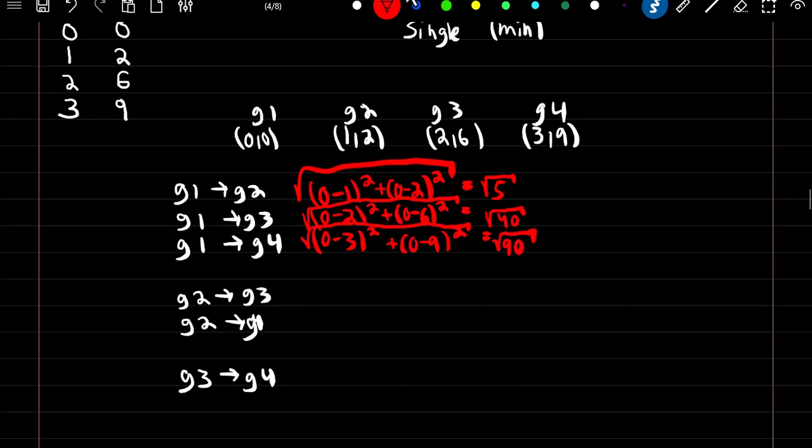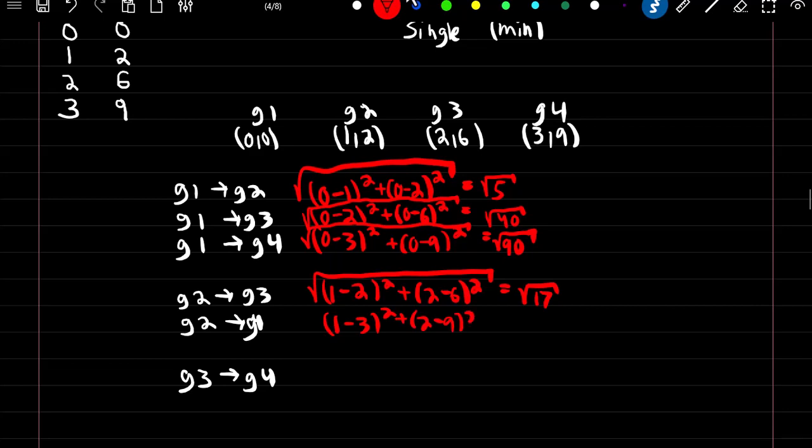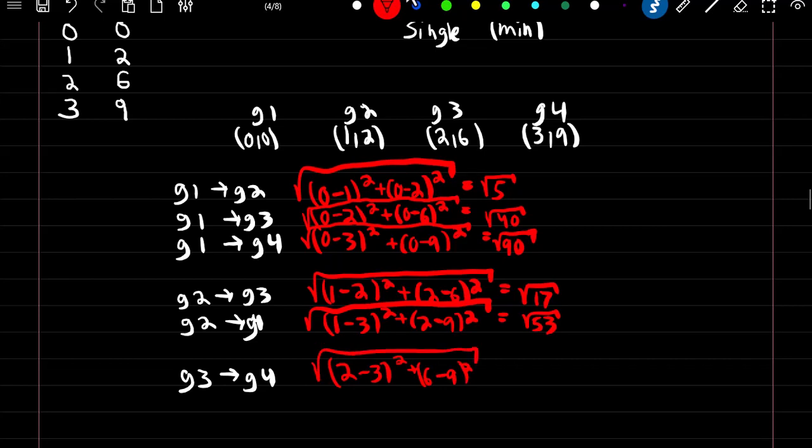And now from group 2 to group 3, 1 minus 2 squared plus 2 minus 6 squared, square root, get square root of 17. From group 2 to group 4, 1 minus 3 squared plus 2 minus 9 squared, square root, we'll get the square root of 53. And then finally from group 3 to group 4, so 2 minus 3 squared plus 6 minus 9 squared, and take the square root, and we'll get square root of 10.